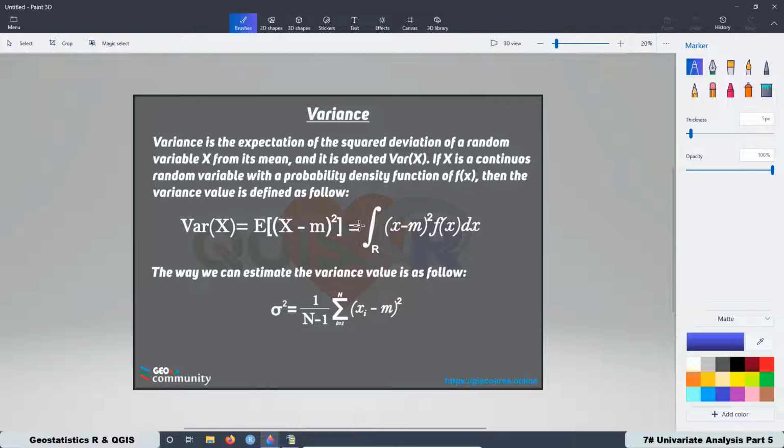Then, in order to get an estimated value, we are going to use this mathematical expression. And as you can see here, again, in order to calculate the variance we also have an average, as you can see over here, okay? That's important because we are using the mean. And if the mean is not good, not representative of our data, the variance is not going to be representative either, okay?